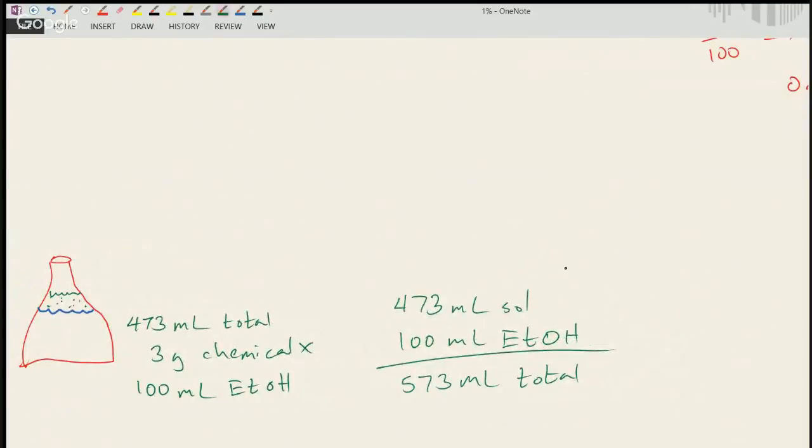So, how would we find the percentage? Remember that the percentage is the number of milliliters, because this is volume per volume, per 100 milliliters total.